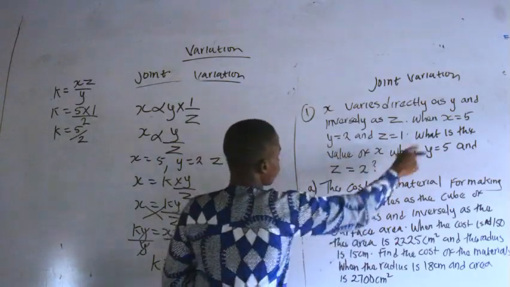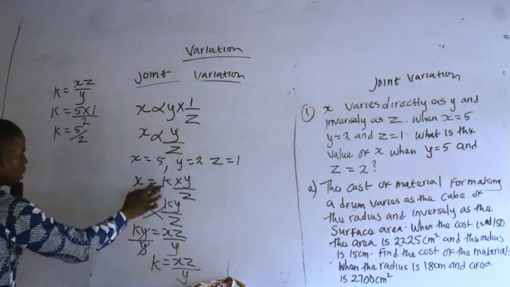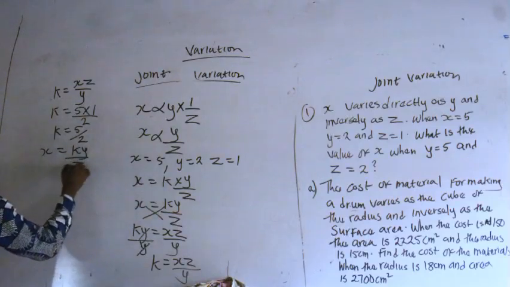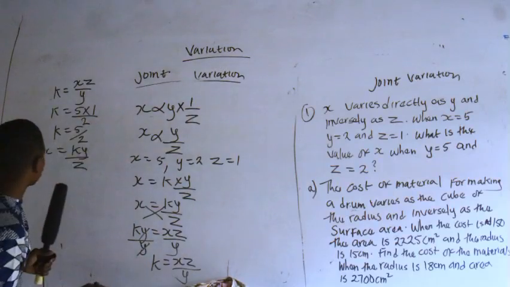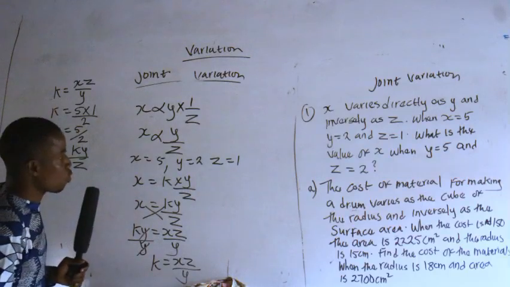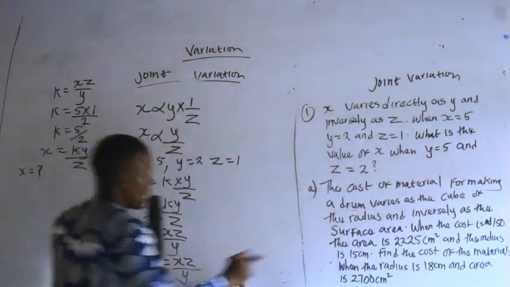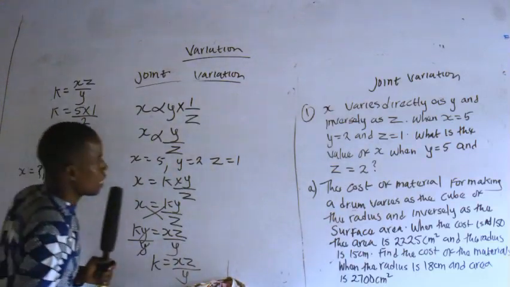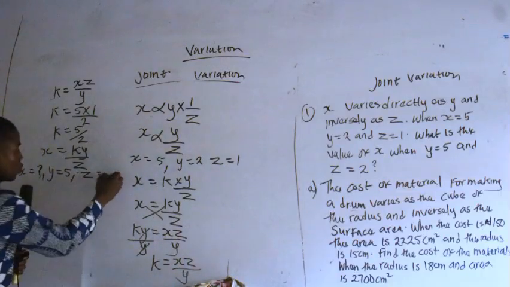Now it says, what is the value of X? We are finding the value of X by using the formula X equals K Y all over Z. They are saying we should find the value of X. After that, it said when Y equals 5 and Z equals 2.